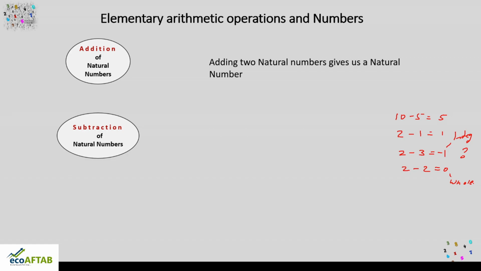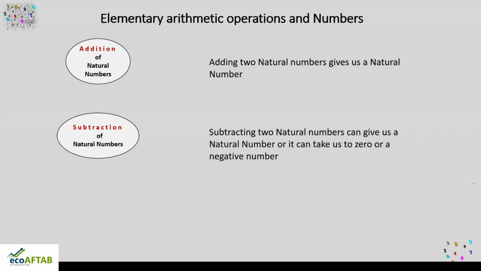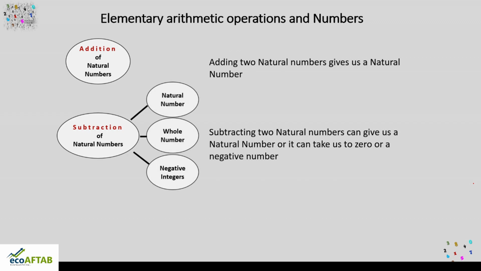So friends, subtracting two natural numbers can give us a natural number, or else it can give us 0, or it can give a negative number. So by the arithmetic operation of subtraction, we can get a natural number, or a whole number, or negative integers. So this happens with subtraction. We are moving from only natural numbers to other sets of numbers by the arithmetic property of subtraction.